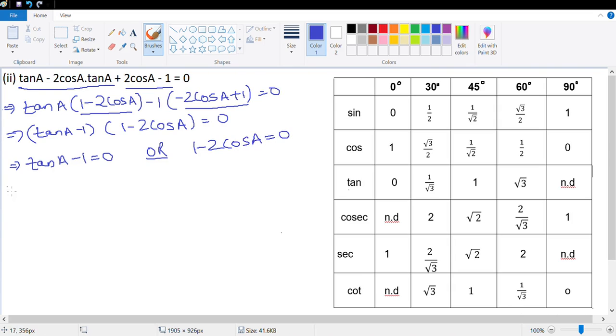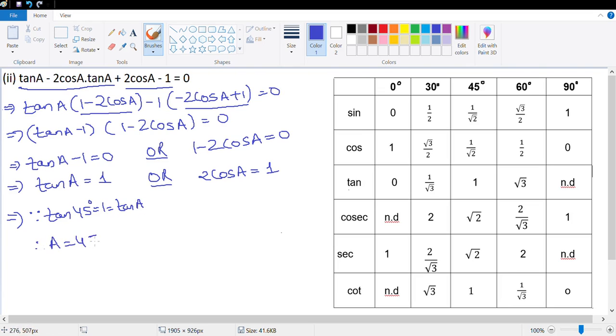This means tan A is equal to 1 or 2 cos A is equal to 1. Now we know tan 45 degree is equal to 1 and this is given equal to tan A. Therefore, A is equal to 45 degree. So the first part of the equation is solved. A can be 45 degree.